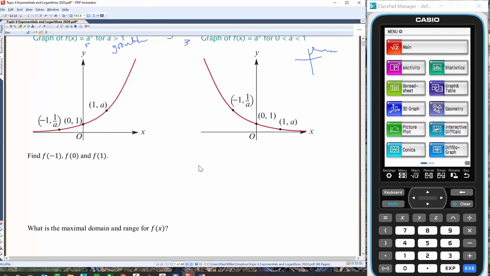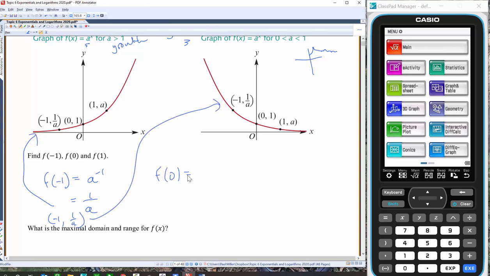So what we want to do is just experiment around with this base graph, f of x equals a to the x, and slam in some values. So f of -1 equals a to the -1, and that can be expressed with a positive index as 1 on a. So when x is -1, y is 1 on a, and there's our coordinate point on both graphs.